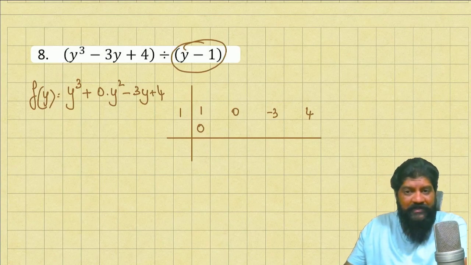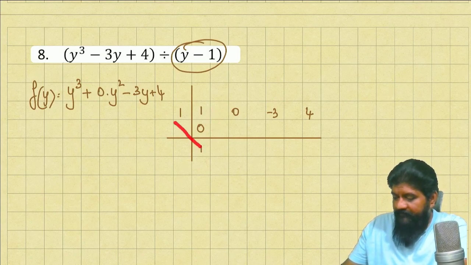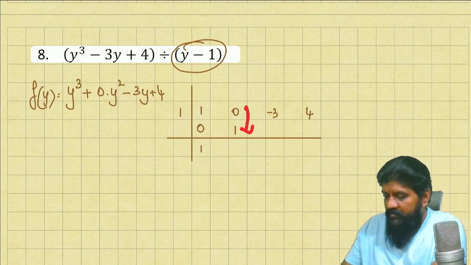Y minus 1 is a 0, which means y is equal to 1 is going to be the significant number. Again, the process is to add, update, multiply, update. Again, add. So you're going to get a 1.